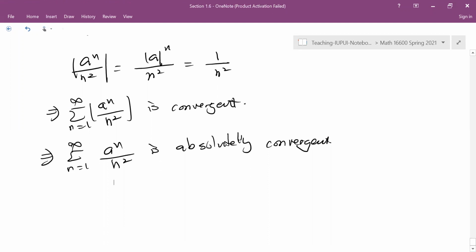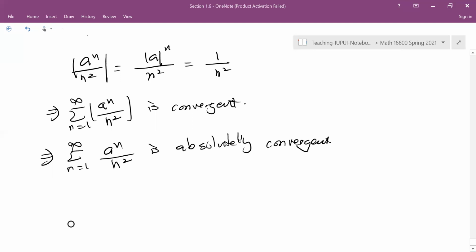Now, can you use a ratio test? Yes, I think you can still use a ratio test. The limit is still going to be absolute A. So in most cases, you can use a ratio test if you can use a root test.